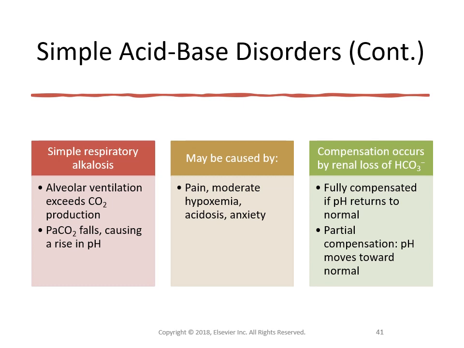Partial compensation occurs when the plasma bicarbonate falls below normal and the pH remains above 7.45. Full compensation occurs when plasma bicarbonate decreases enough to return the pH to the high end of normal range, 7.40 to 7.45.